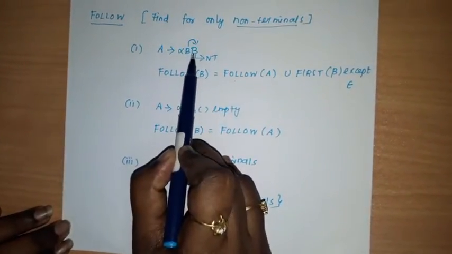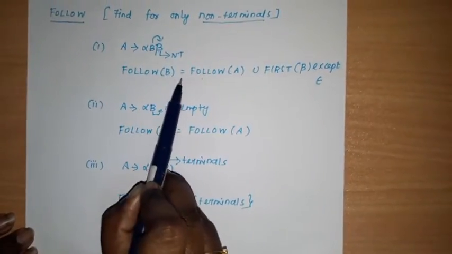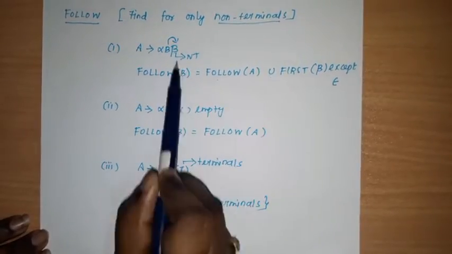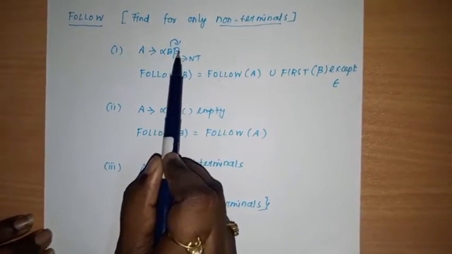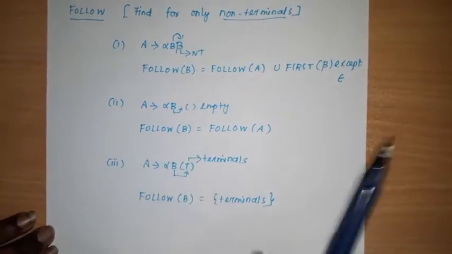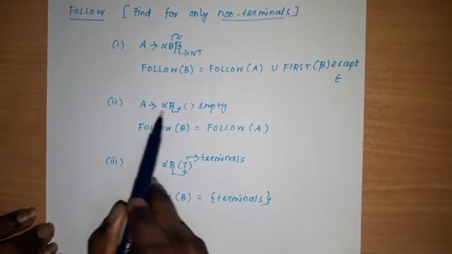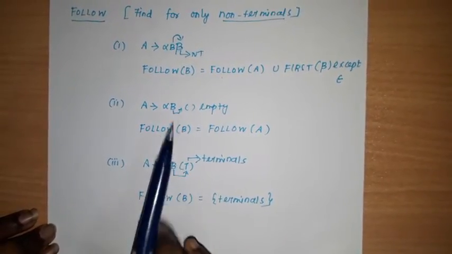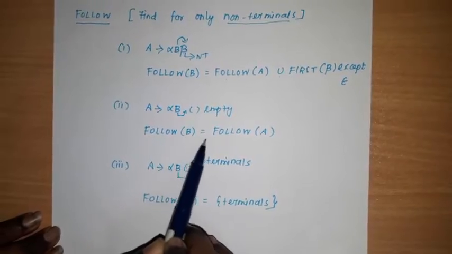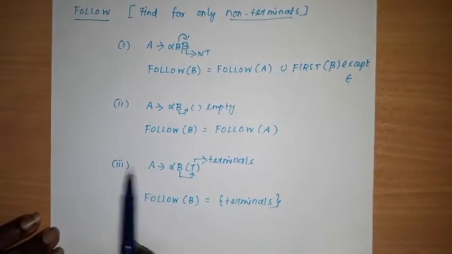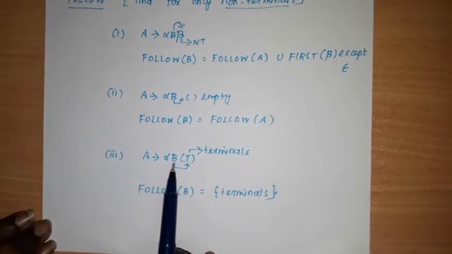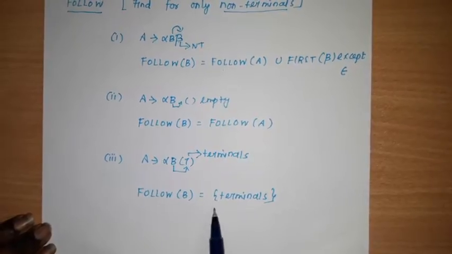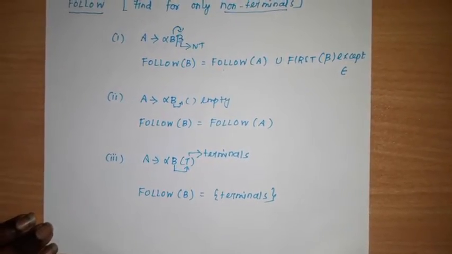If B is followed by a non-terminal, then follow of B is equal to first of beta except epsilon. The second rule: A tends to alpha B. If B is followed by empty space, then follow of B is equal to follow of A. Third rule: if B is followed by a terminal value, then follow of B is equal to that terminal value only.